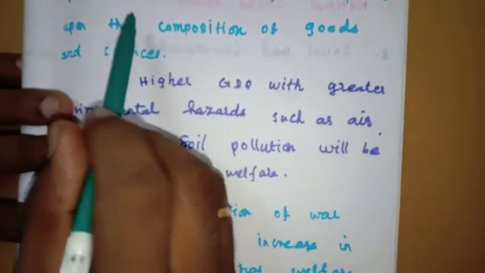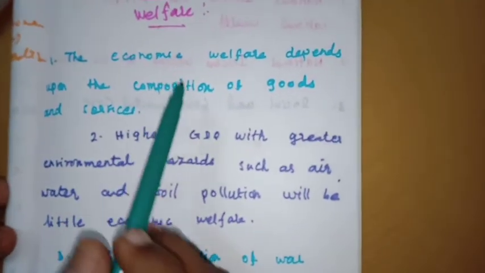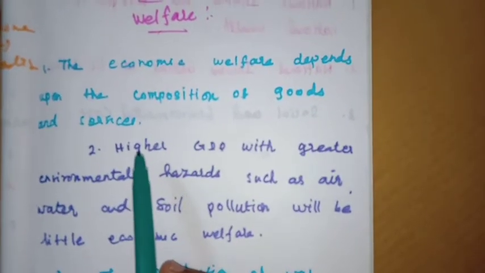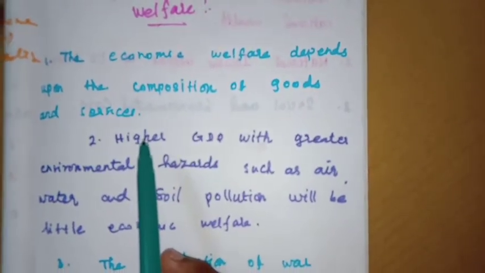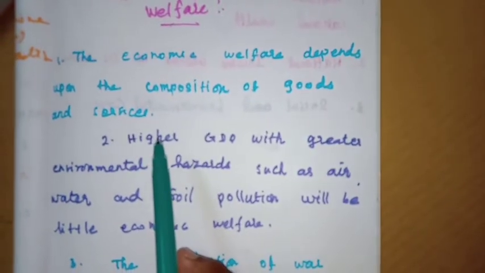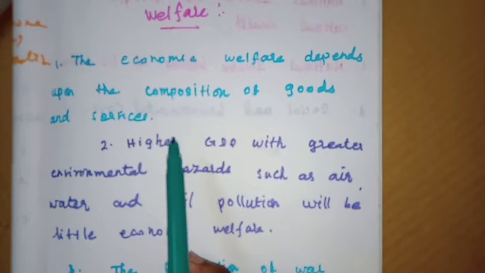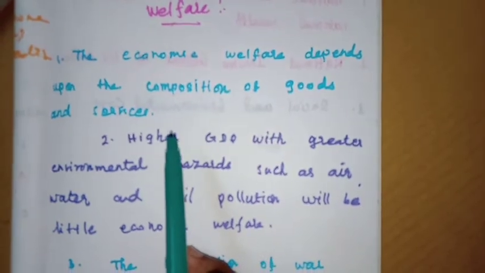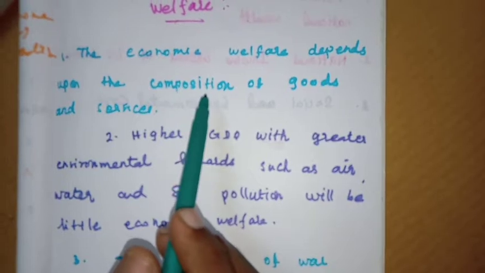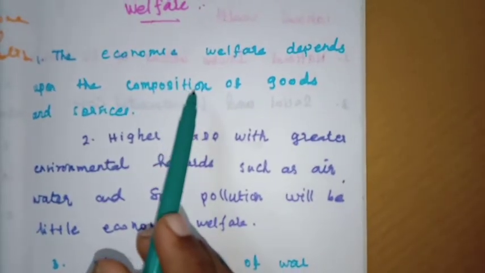The first point is that economic welfare depends upon the composition of goods and services. You already know, because earlier we discussed the definition, that national income means the total value of goods and services produced in a particular year, in a particular period of time, in a particular country. That is known as national income, and economic welfare depends upon the goods and services.